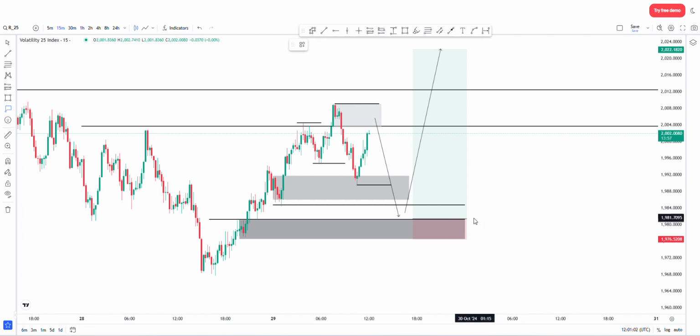Okay, so you can buy from here, 1981.33, so your entry is here and your stop loss is here. So let me use red for the stop loss and green for the entry.